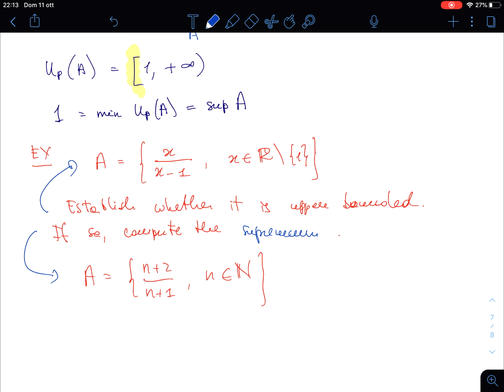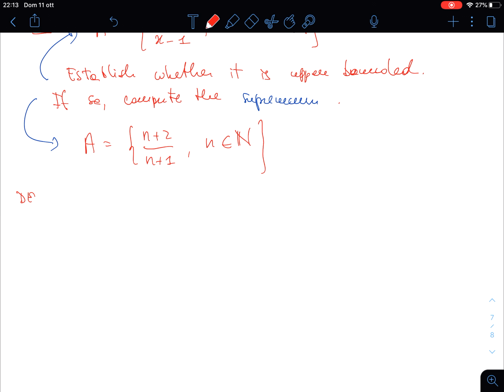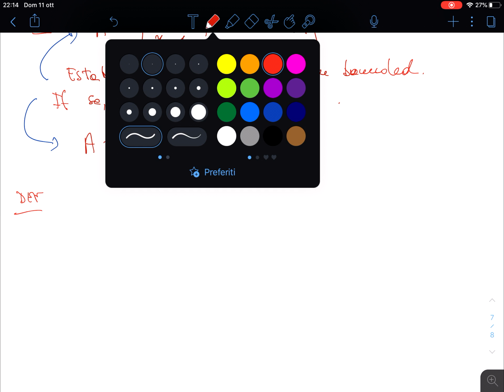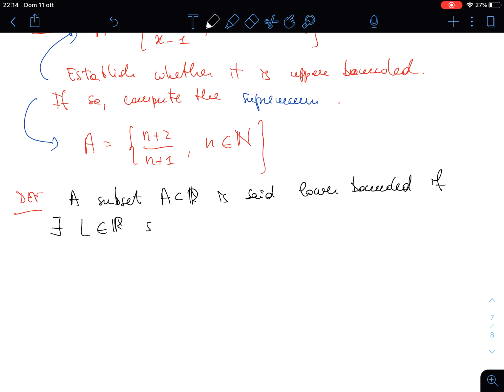And now we introduce the notion of infimum. So the first definition is the following. A subset A of R is said to be lower bounded if there exists a number L in R such that for every x in A, L is on the left-hand side, on the real line, with respect to x.